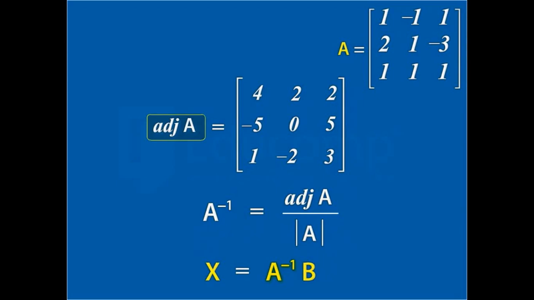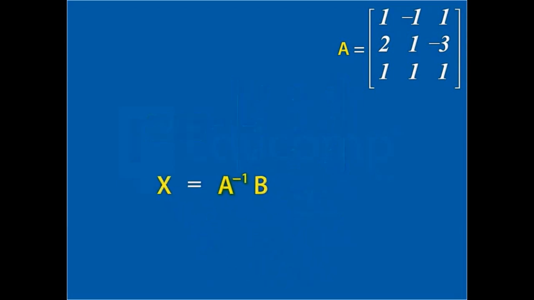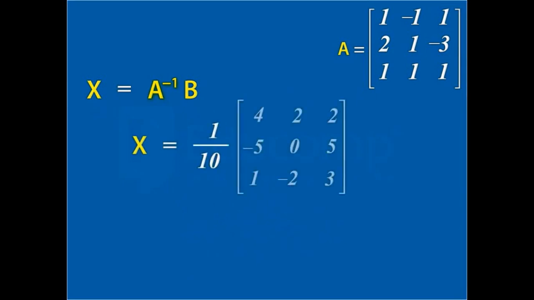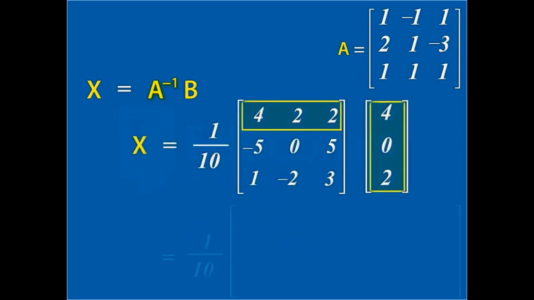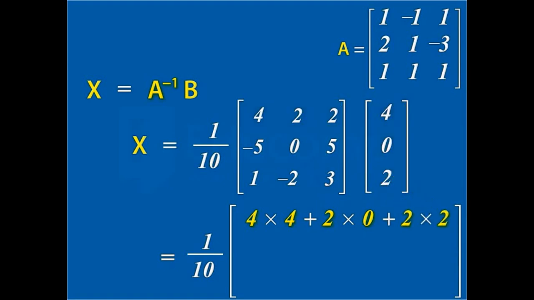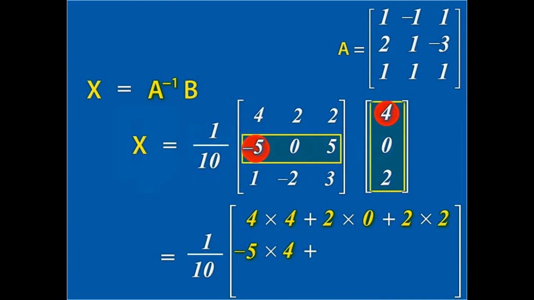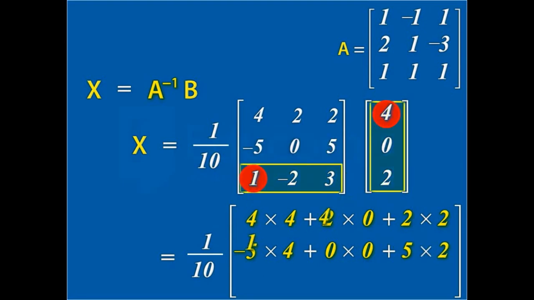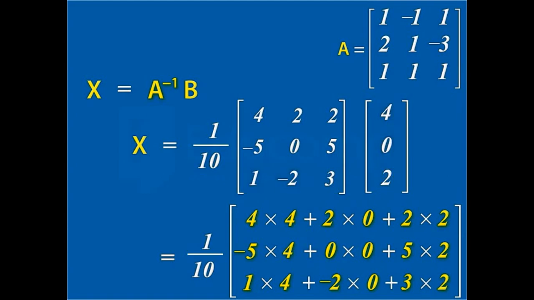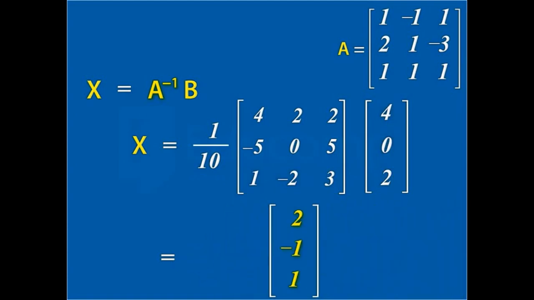When A inverse is multiplied by matrix B, we get a column matrix with the elements 2, minus 1 and 1.